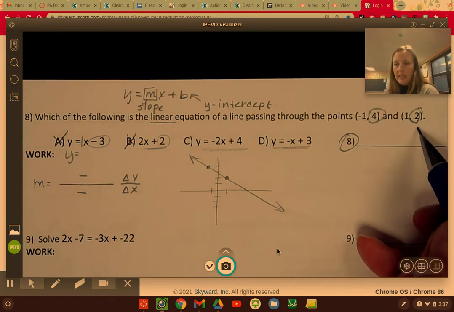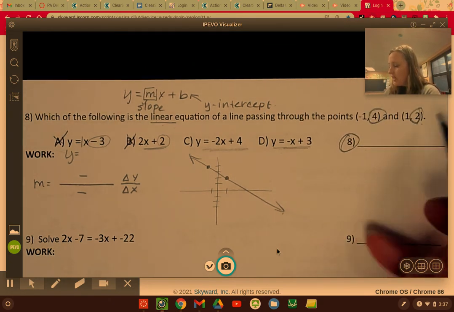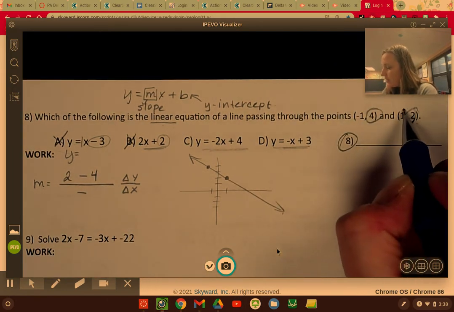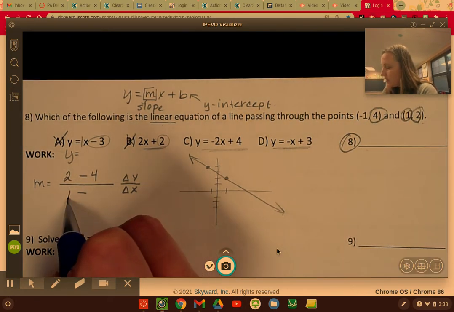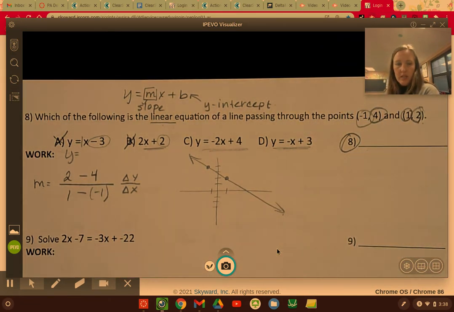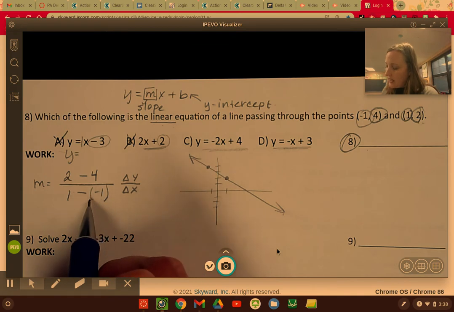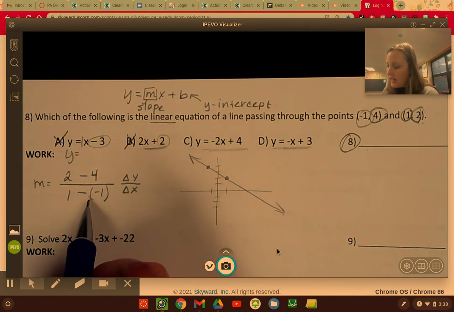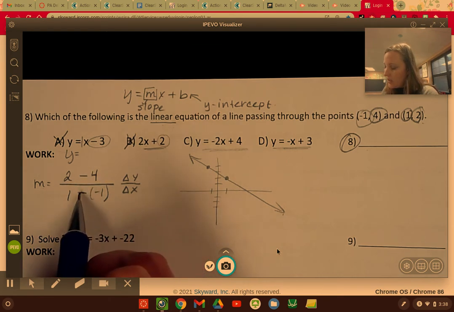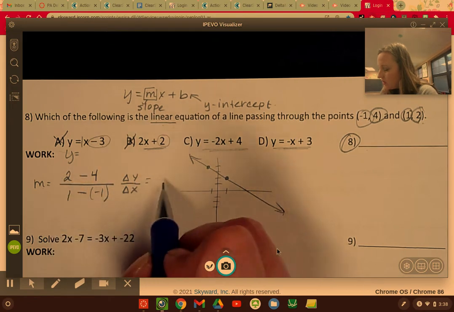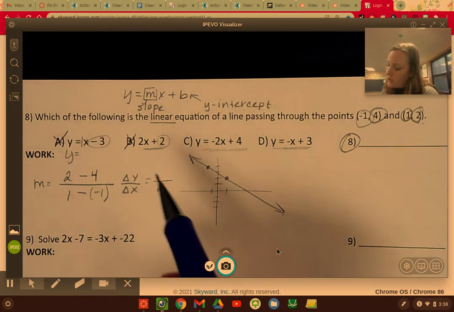I always like to start here, furthest to the right. So I rewrite that as 2 minus 4. And then I come to my x's. I come back to this guy, 1 minus -1, right? So minus and negative is really adding, isn't it? Looks like a face. I, nose. So this is really 1 plus 1, which is 2. So this equals 2 on the bottom, new denominator.